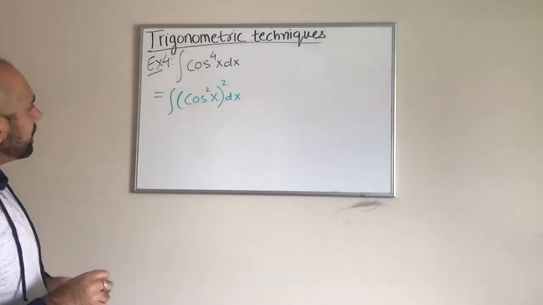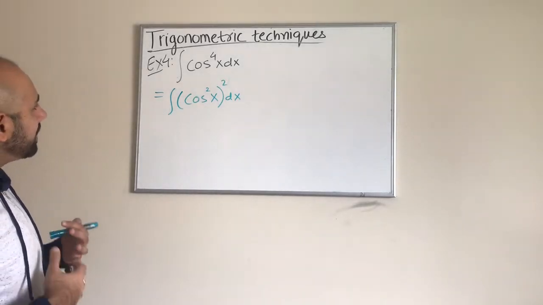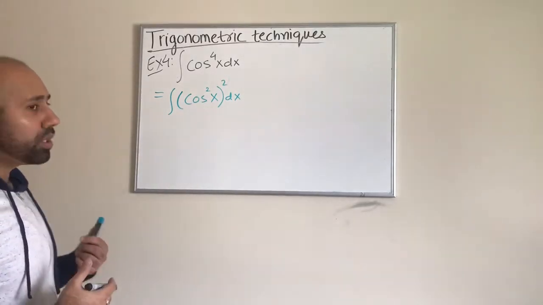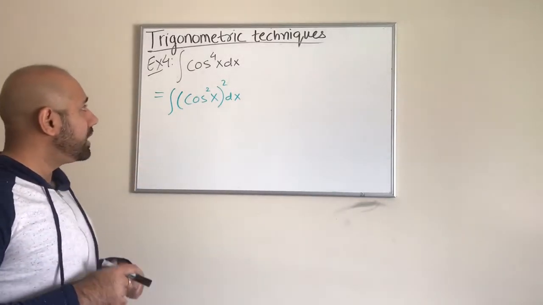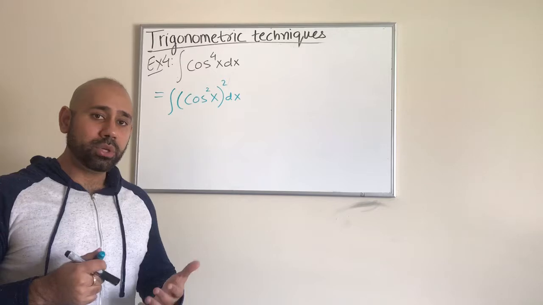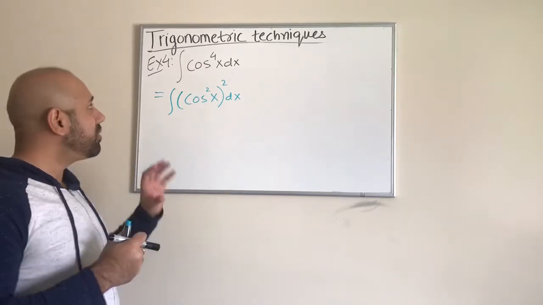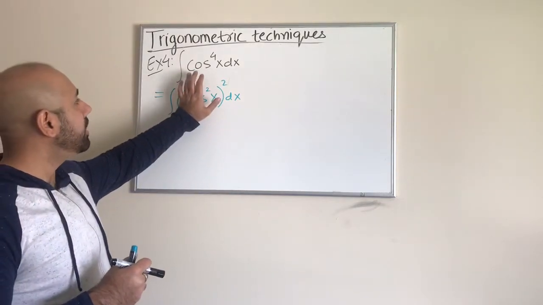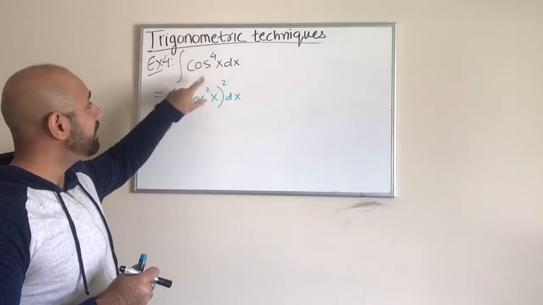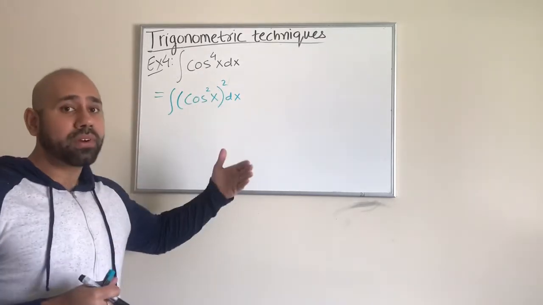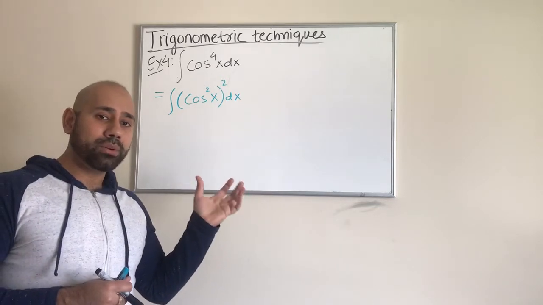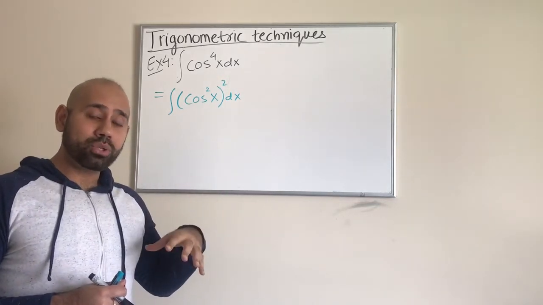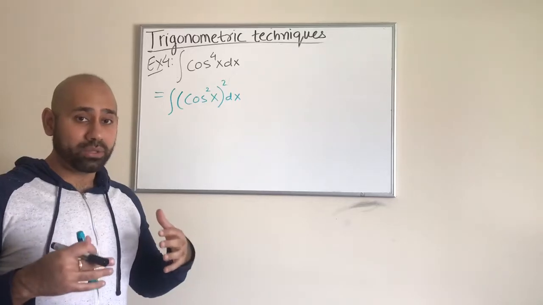Before we actually start using the trig techniques or the right substitution here, if you have been following my videos, you would already know that when we are evaluating integrals of trig functions that have a higher power than 1, we want to break them down and bring them down to the linear power, to power 1.